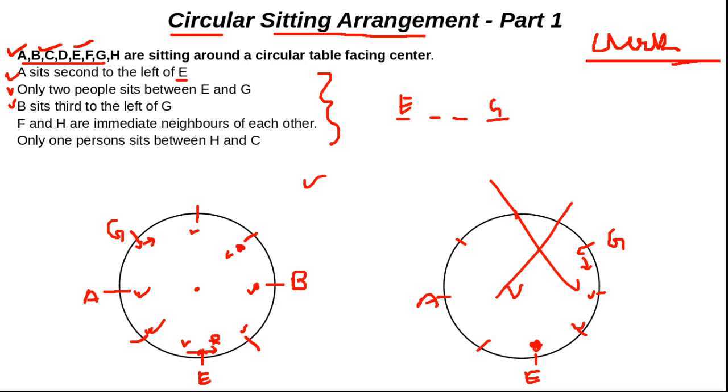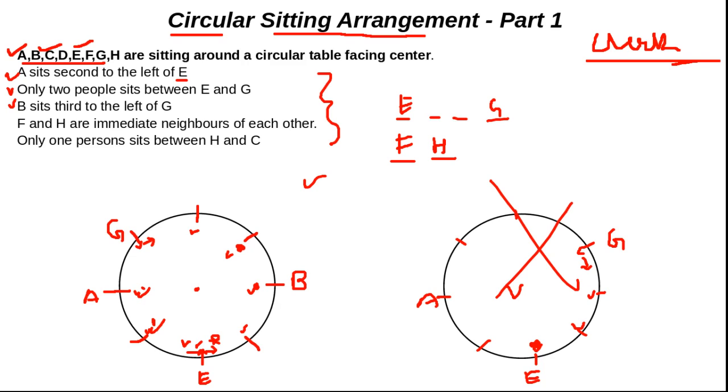Now F and H are immediate neighbors of each other. That means they are seated together, F and H. Now find a place in which F and H can be seated together. If I put F here, there is no way I can put H here or in this place.